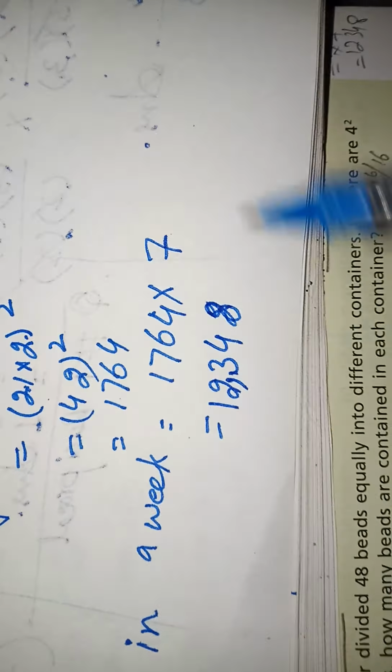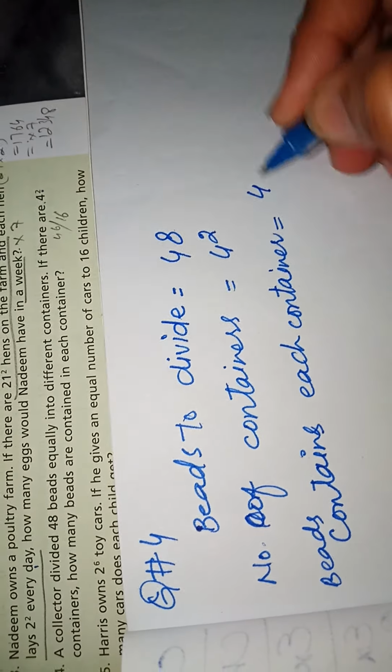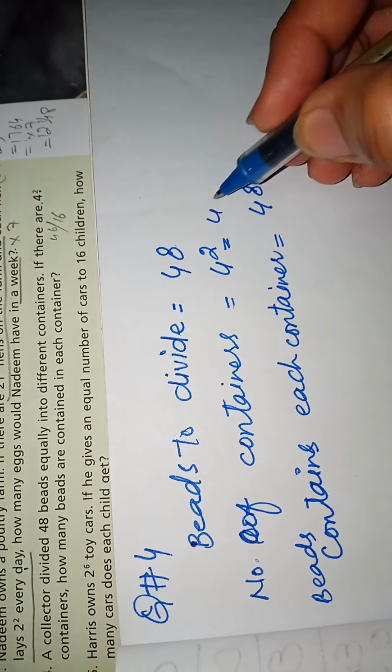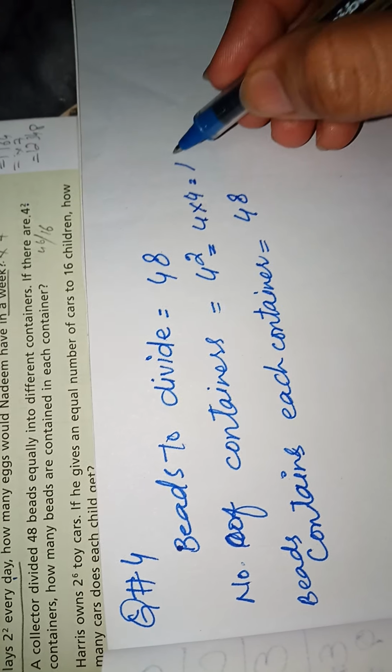So how many beads does each container contain? If there are 48 beads, you can solve it. 4 raised to power 2 means 4 multiplied by 4. 4 fours are 16.